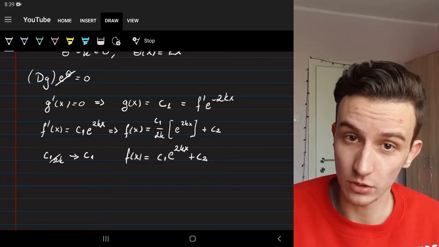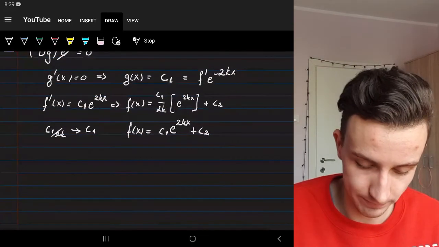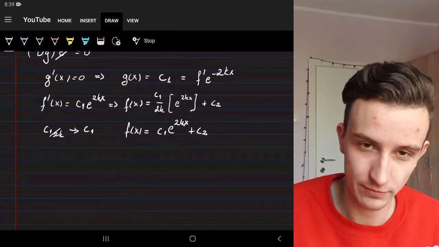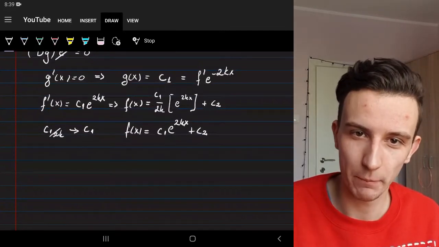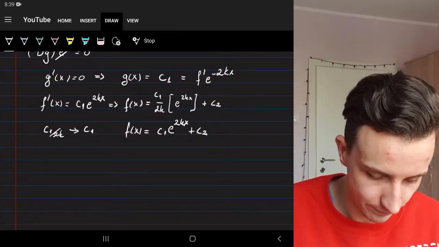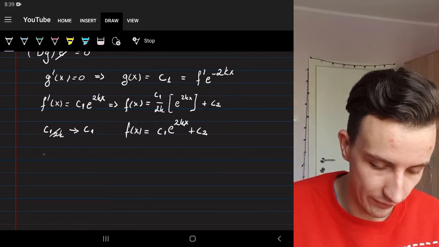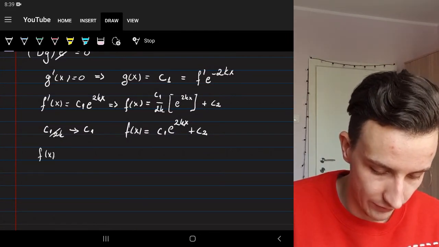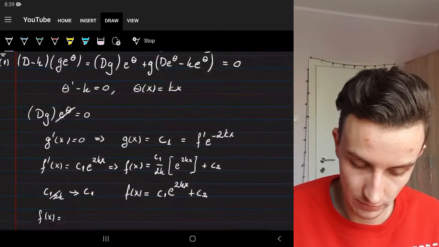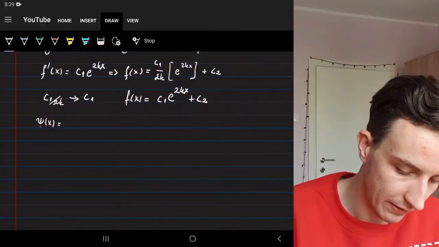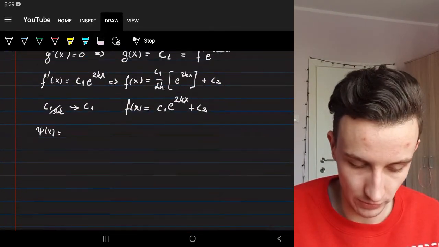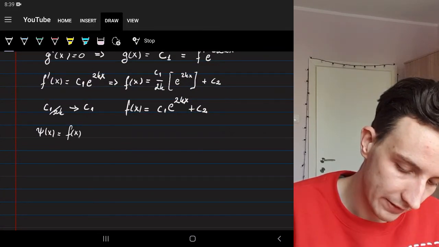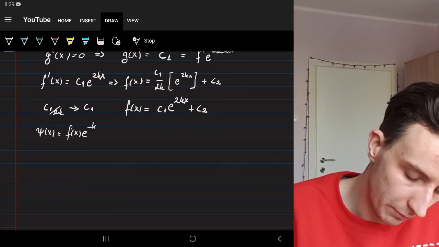Now this should look very familiar to those of you who've solved this differential equation by learning the solution by heart. Because f of x is also, or rather let's express psi of x, which is the one we're looking for, is f of x e to the minus kx.